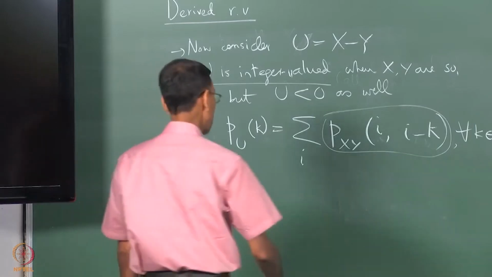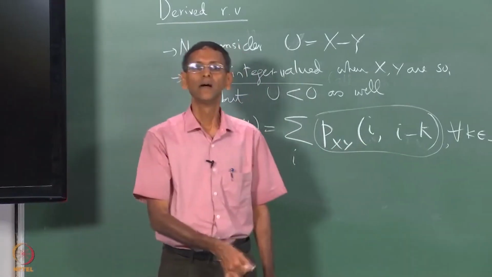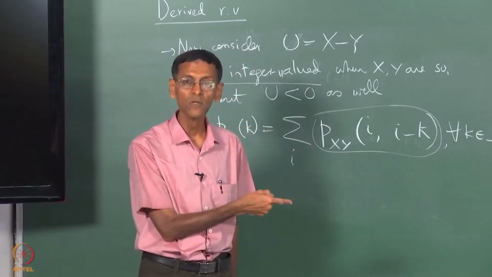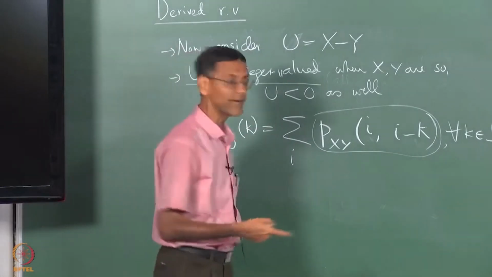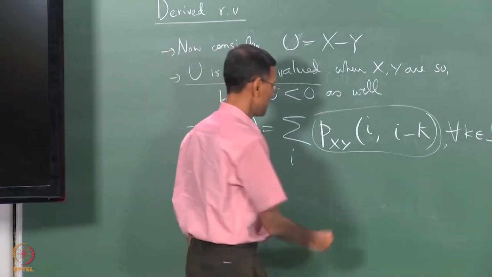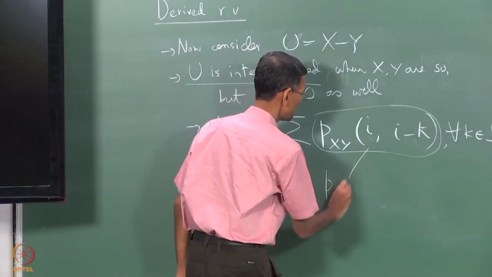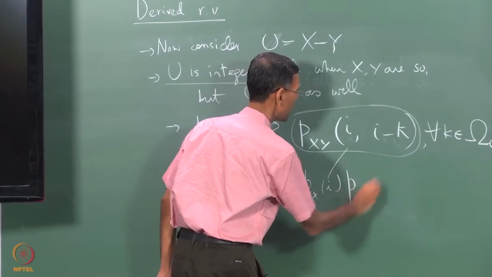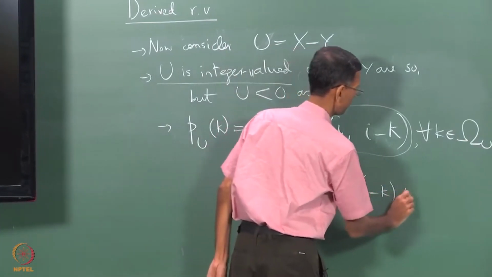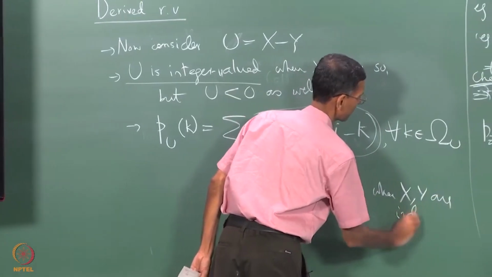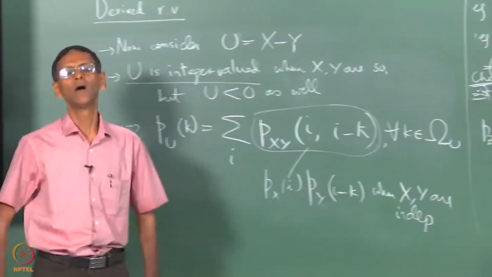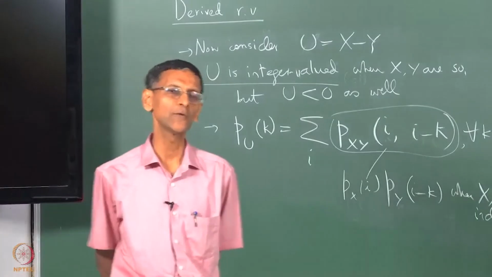Of course, in the independent case it will factor into pX of i into pY of i minus k. So this factorization happens for independent. And then you get, what is that operation called on the two sequences pX and pY?